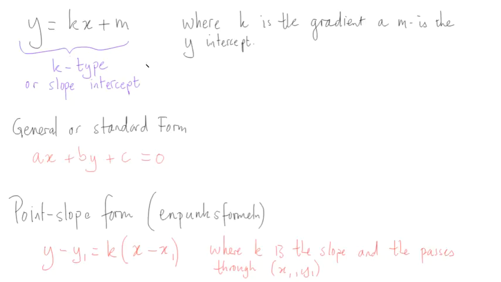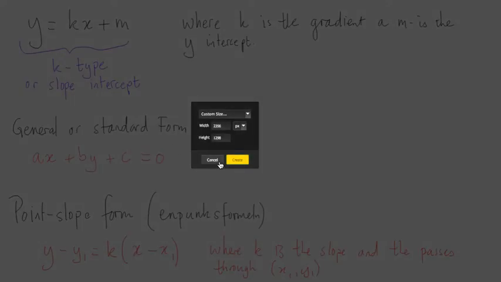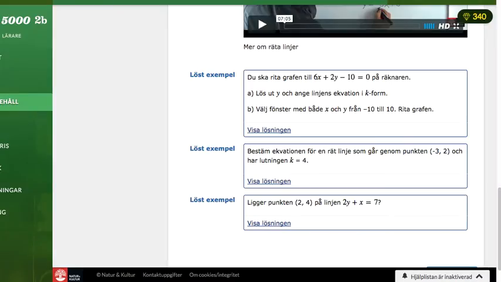So let's try doing a couple of examples involving these two types here. Let's get our examples from Matematik 5000.